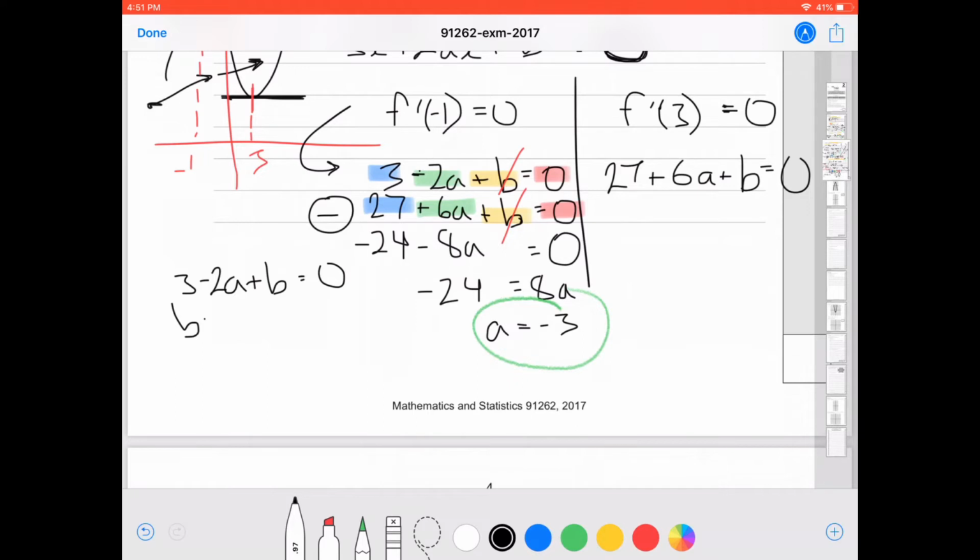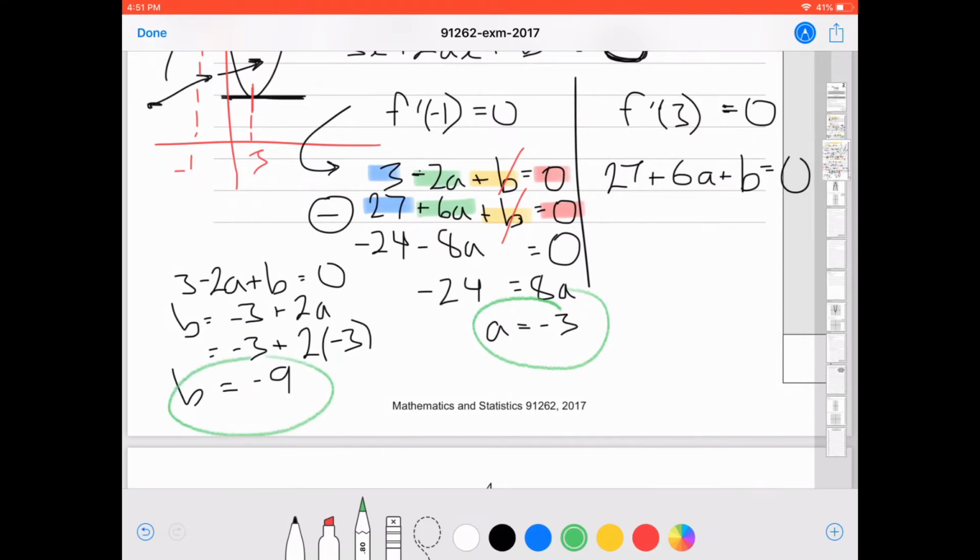And so minus 3 plus 2 times negative 3. So it's minus 3 minus 6, and that equals minus 9. Okay, so b equals minus 9. A and b found. A equals negative 3, b equals minus 9. That gets you an excellence grade here.